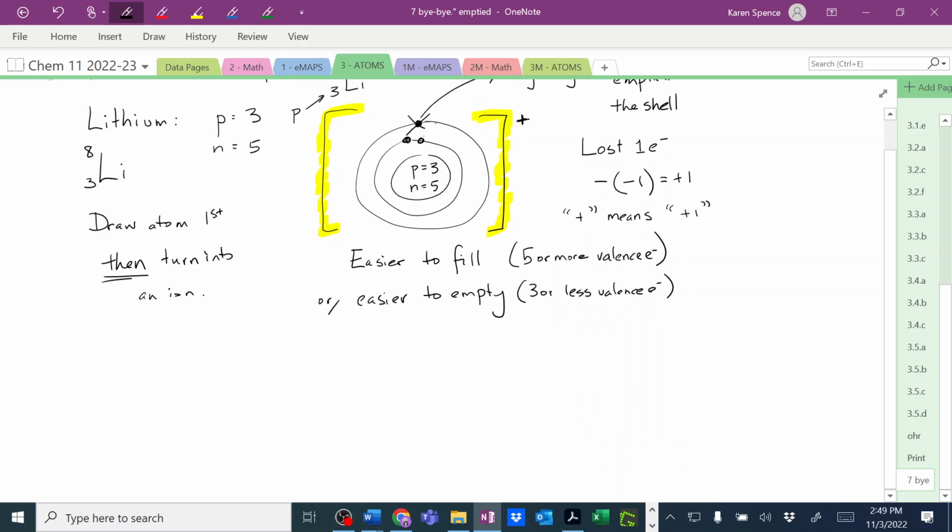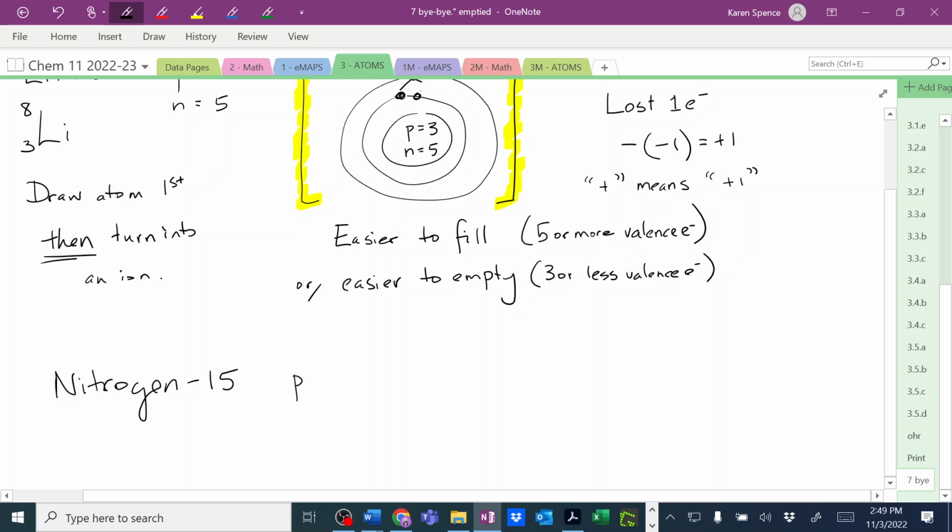What if we had nitrogen? Nitrogen 15. Okay. How many protons? Not 15 protons, because remember, this is the protons plus neutrons. 7.